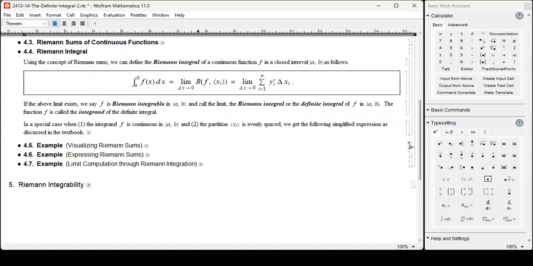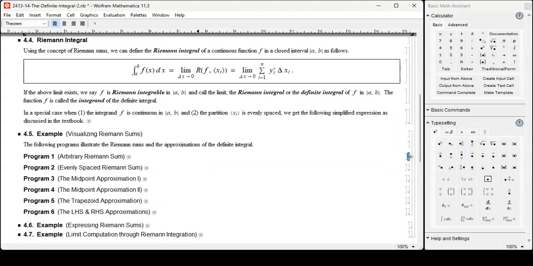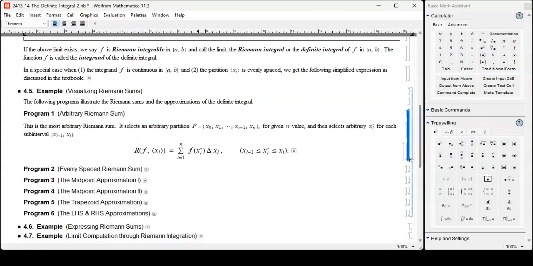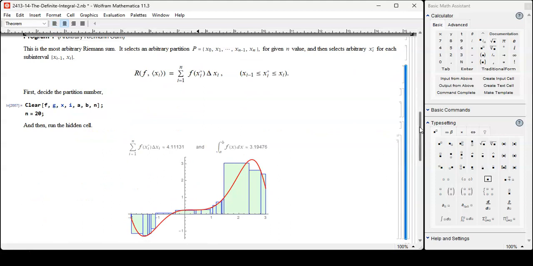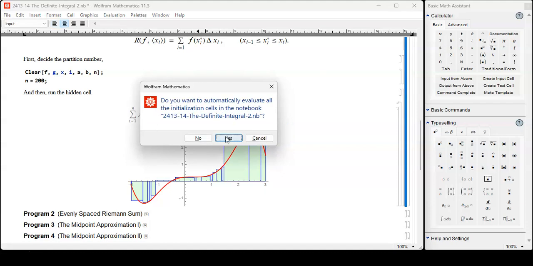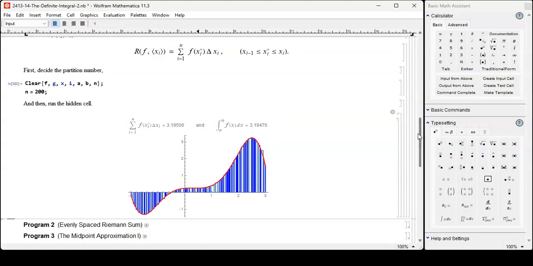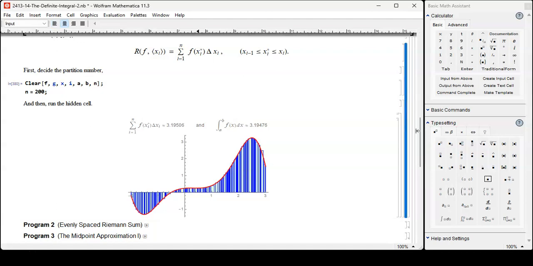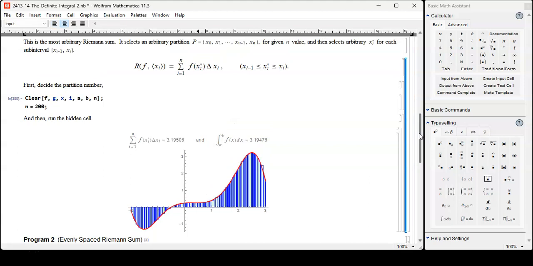Let me see. Is there a visualization? Let's use the same visualization I showed you before. Here, instead of 20 rectangles, let me use 200. You see a little bit better approximation? You still see some fat rectangles here and there because this is pretty random.